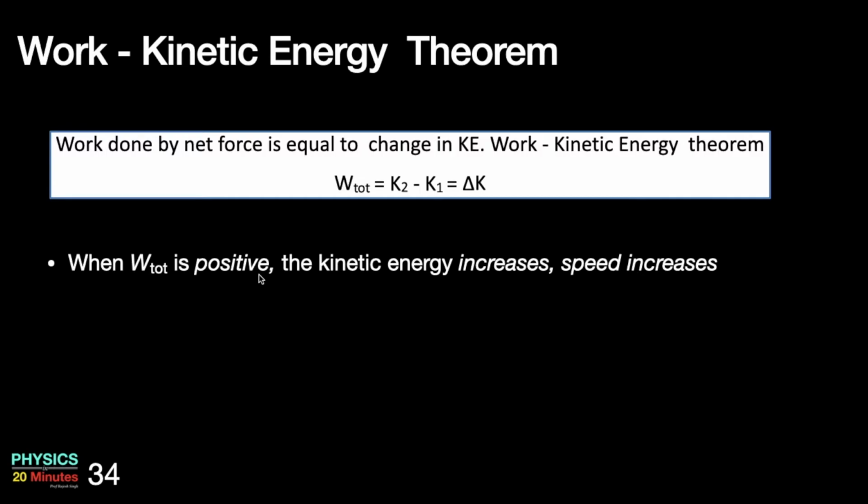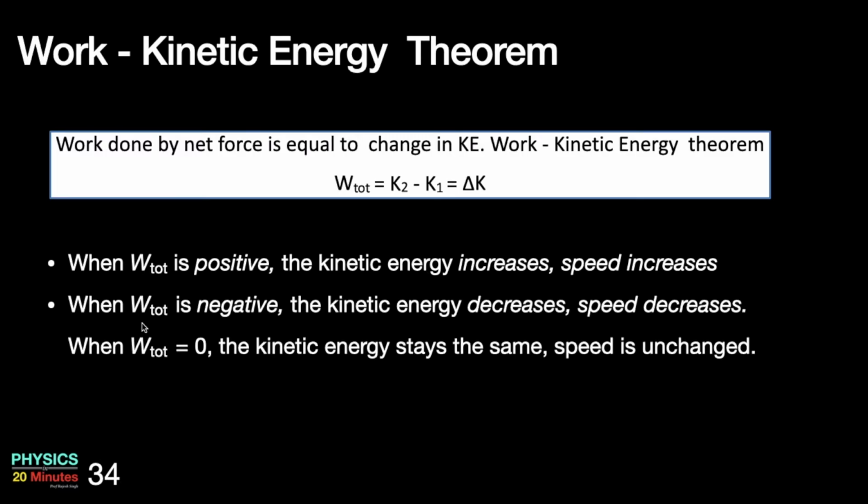Think about a car that is accelerating, its speed is increasing. The total work done includes the work done by friction, by gravity, by air resistance, and by the engine. But if the car is speeding up, then the total work done has to be positive.